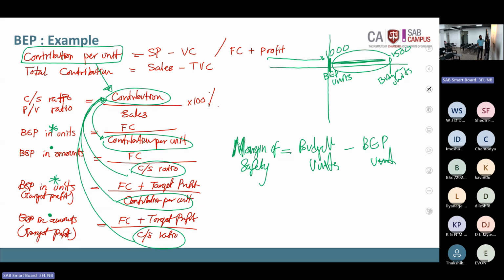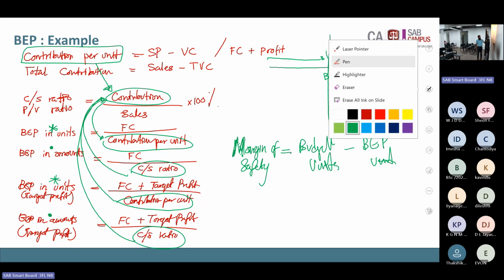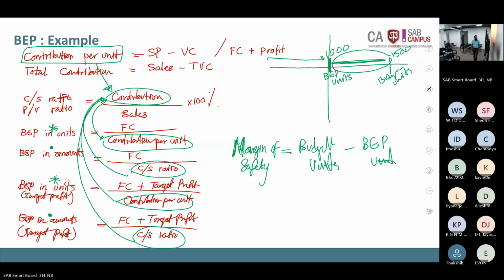So once we calculate, let's say, the contribution, the contribution can actually be fixed cost plus profit. But here it is a little bit different.